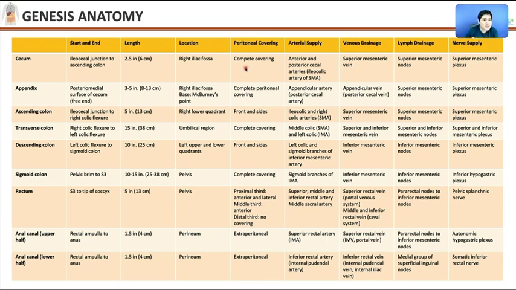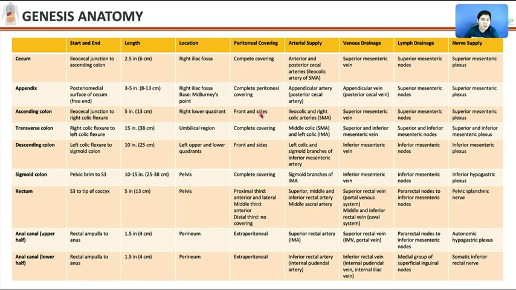So, for this case, cecum, appendix, transverse colon, and sigmoid colon have complete covering, so all of them are intraperitoneal. Your ascending colon and descending colon are retroperitoneal. For the ascending and descending colon, only the front and sides have peritoneal covering.